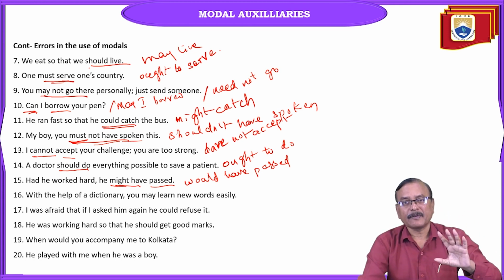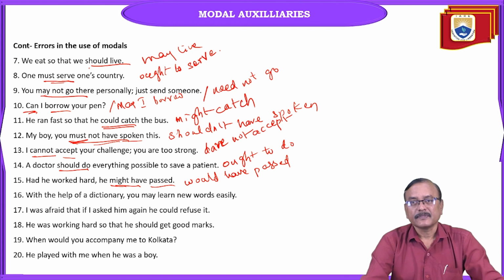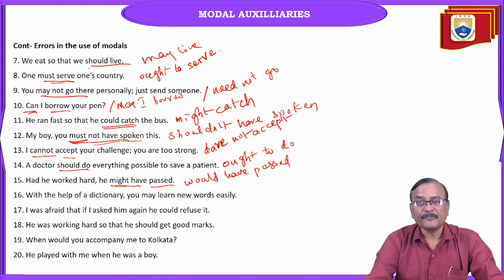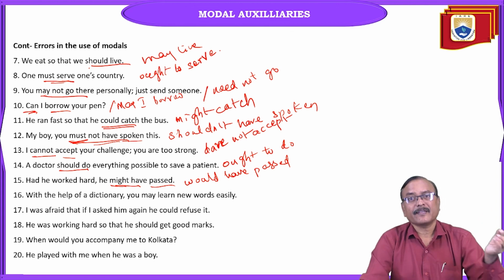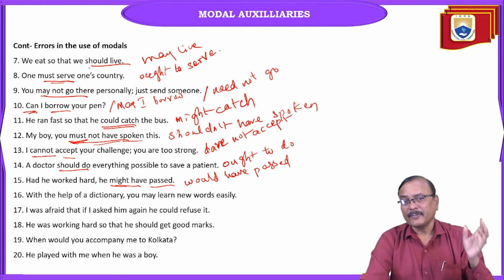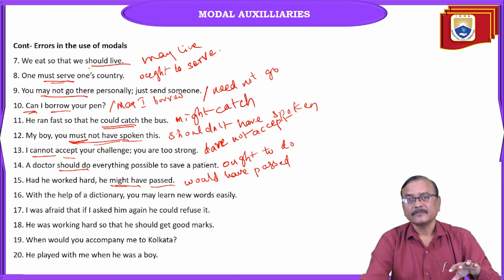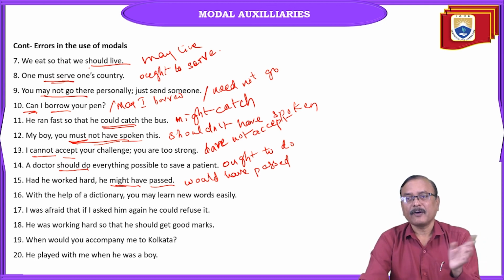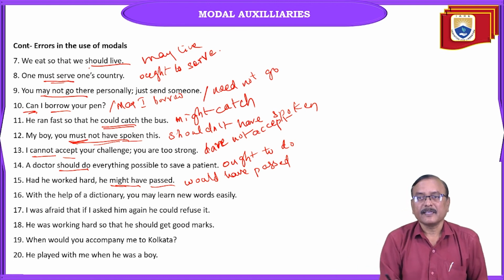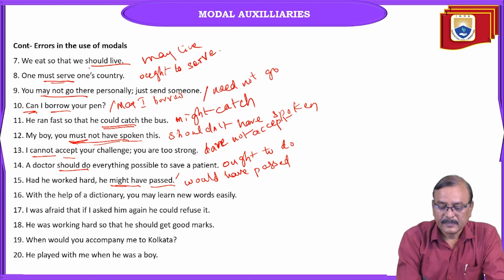Just a 50-50 probability, might have. Had he worked hard, means if he had worked hard, he did not actually work hard. But if he had worked hard, he would have passed. Is it clear? Right? See the answers like this.